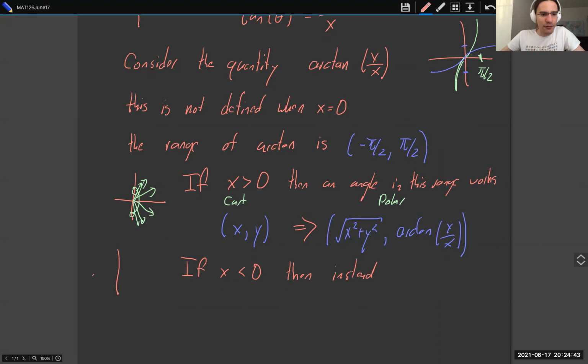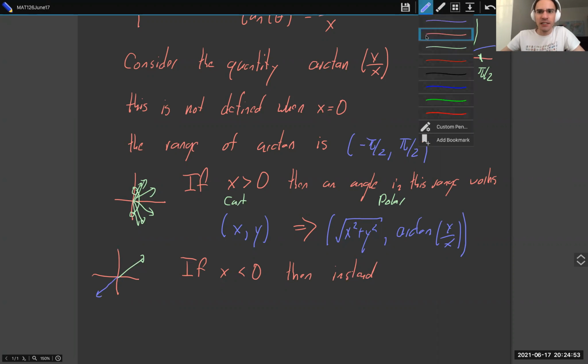If I have this ray right here, and I have this ray right here, then the tangent of this ray is the ratio of these two sides, right?